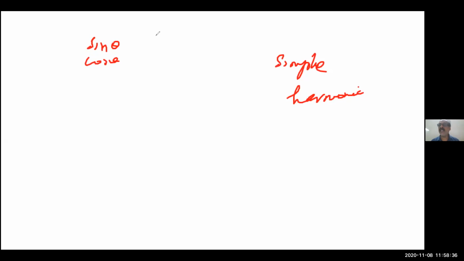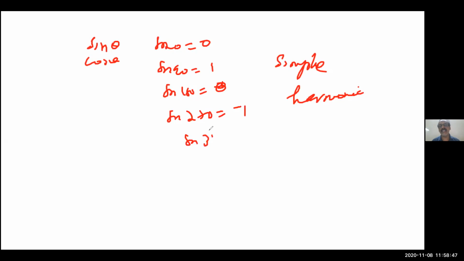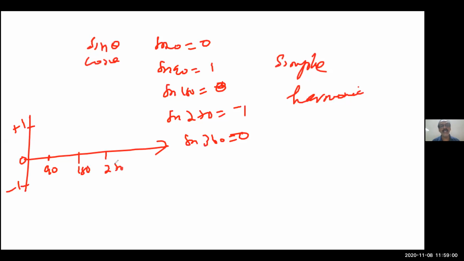We know the value of sine 0 is 0, sine 90 is 1, sine 180 is 0, sine 270 is minus 1, sine 360 is again 0. If you plot a graph, this is 0, this is plus 1, this is minus 1, and this is 0, 90, 180, 270, 360.